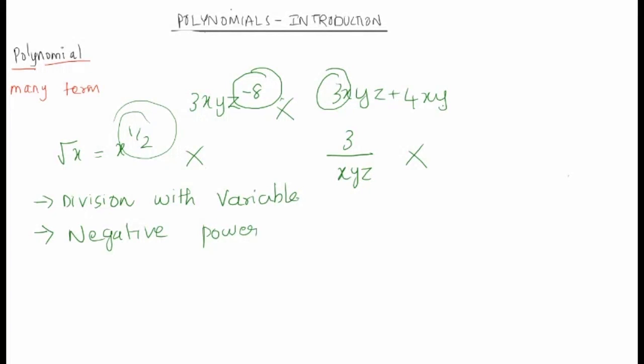And rational powers are not allowed. So these are the features in a term which do not make a polynomial. As soon as we see these features in a term, we will know that it will not make a polynomial.